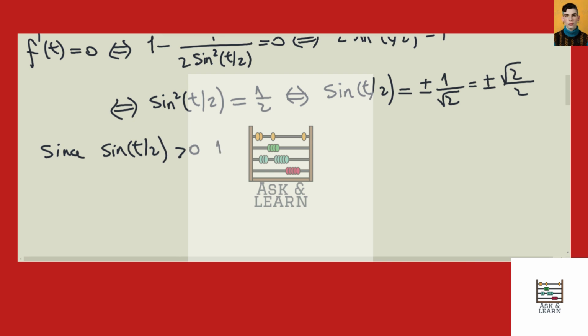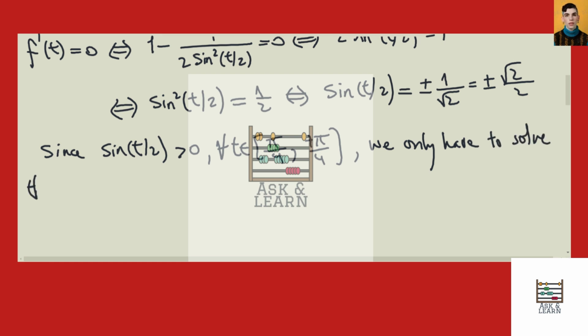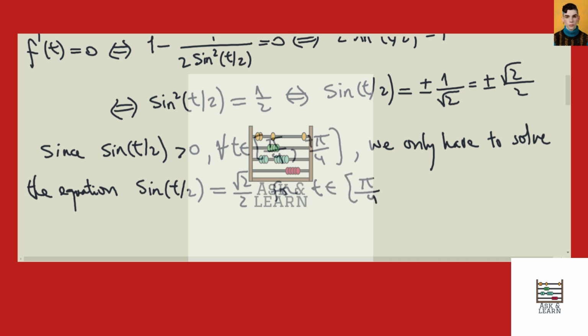Since this is positive for all t in the interval, we only have to solve the equation sine of t half equal square root of 2 over 2 for t in pi fourth, 7 pi fourth.